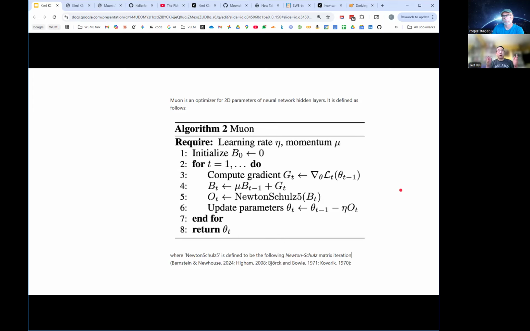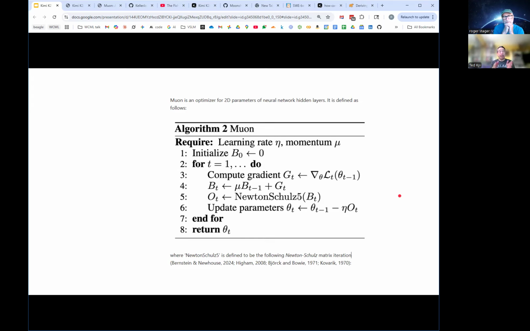RMSProp, which is also built into Adam, I think Adam is basically RMSProp with momentum, will completely correct for that. So that's one of the reasons why we're using Adam. What they will do is scale all the dimensions differently.